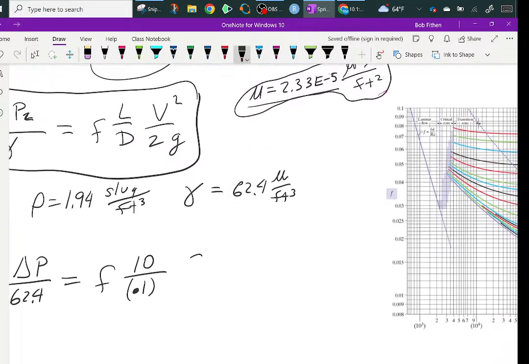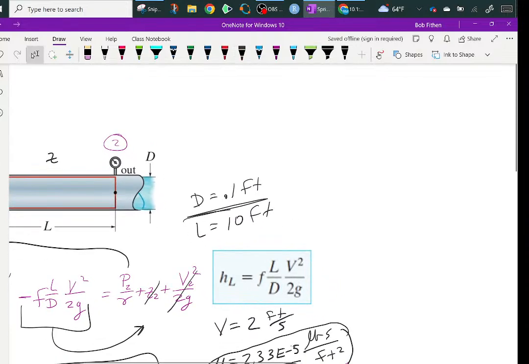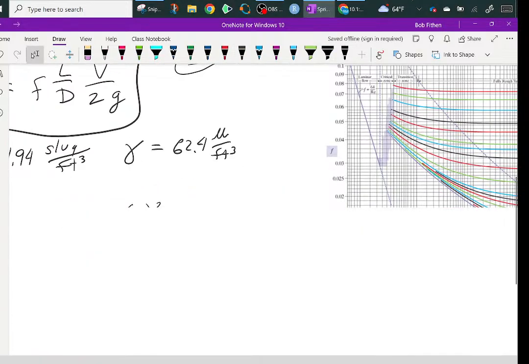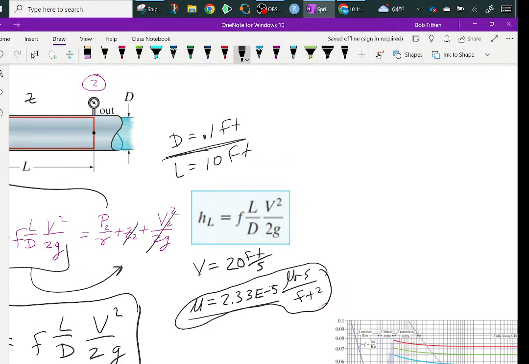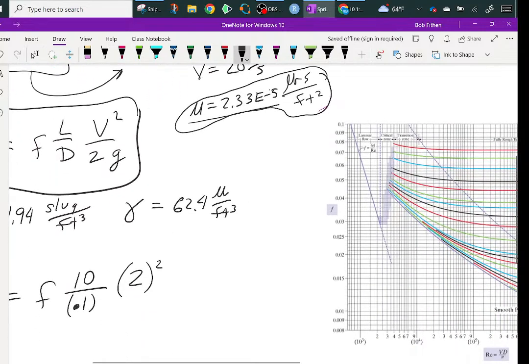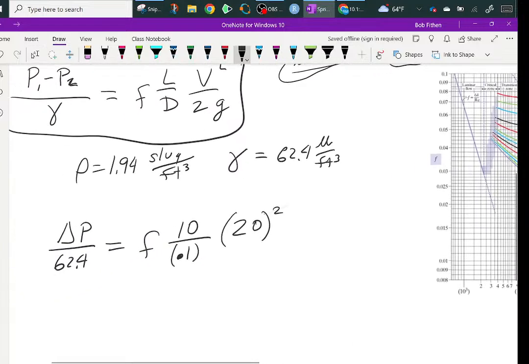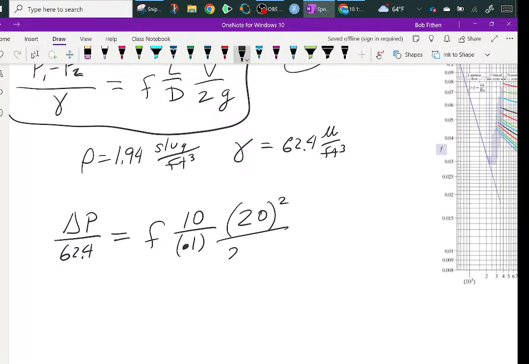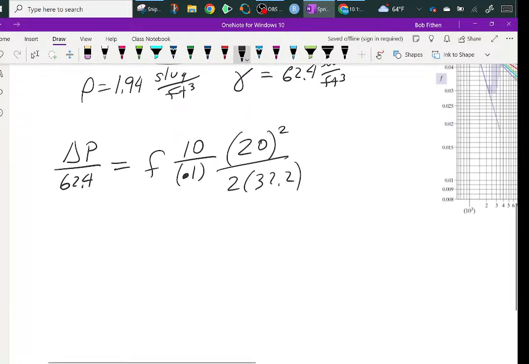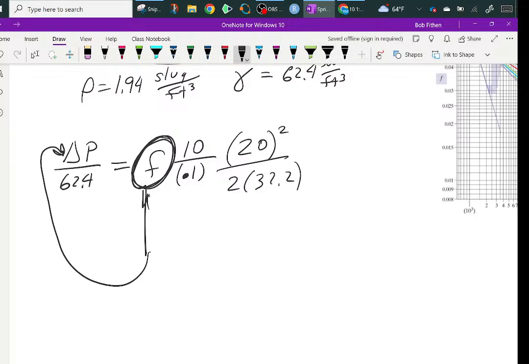The velocity in there is 2 squared. Let's make it 20 so it becomes more interesting. And then over 2 times 32.2. Out of all this, if I can figure this out, then I can figure that out.